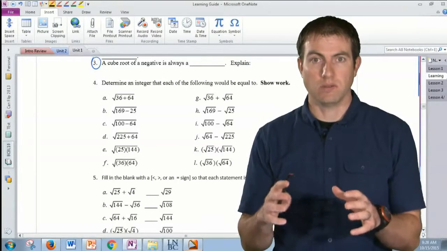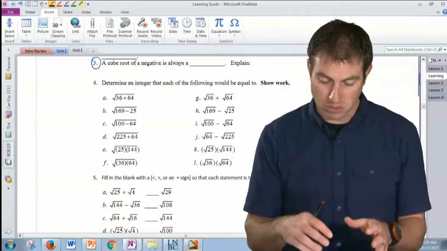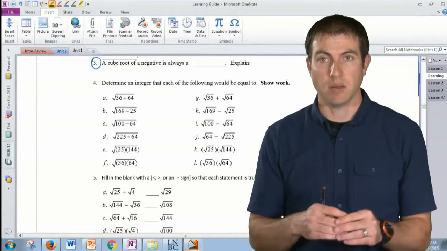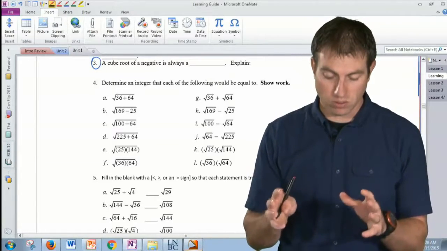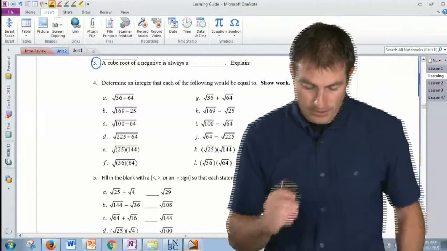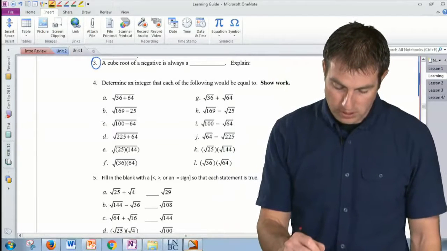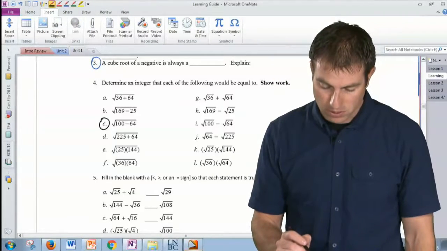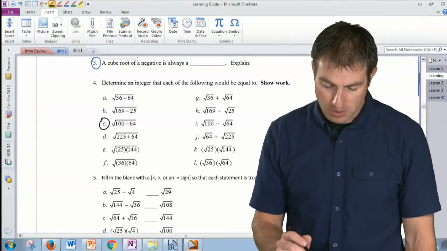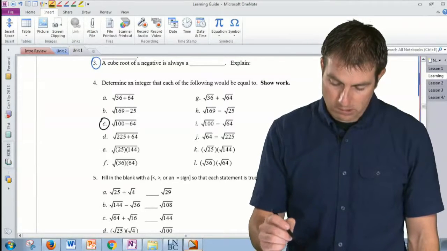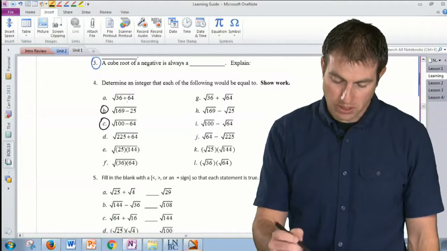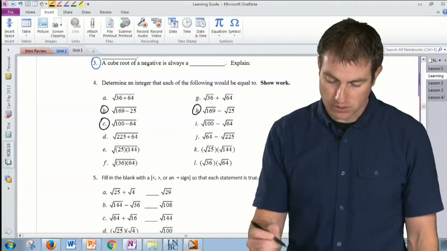I just don't want to forget about you. So while I'm doing maybe a few from number 4, if you want to write in like you're good or section and number. Maybe let's do, I think I actually did C right in the lesson, so let's not do that one. Maybe I'll do, let's do this one. We'll do B and then maybe H because it's similar.